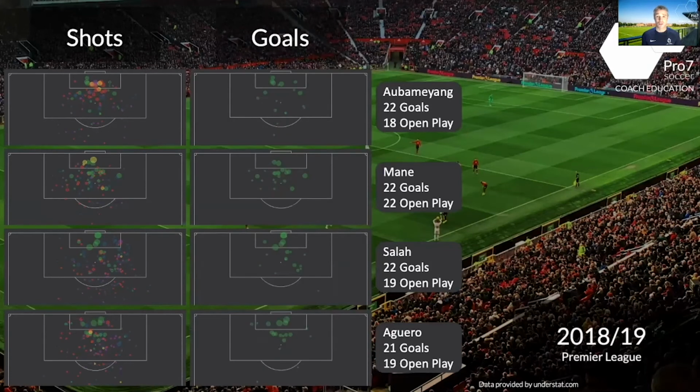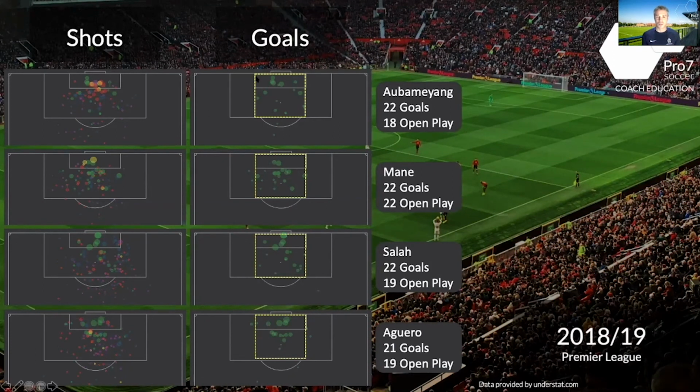The maps on the right are the actual goals that those players scored. So top left, we have Aubameyang's shots, all of the shots that he had during the 18-19 Premier League season, and on the right, the actual goals that he scored. Same for Mane, Salah, and Aguero as we go down. Now, you might notice that a vast majority of the goals were scored from inside the yellow boxes that I've put onto the goal maps.